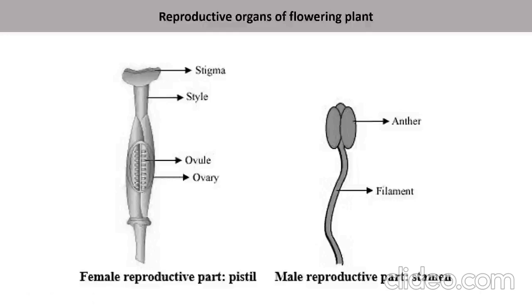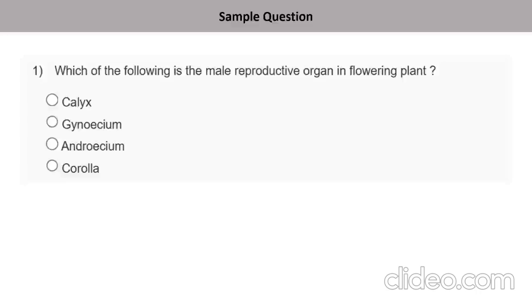Okay, so I'll tell you that the only role of filament is to hold the anther to the plant so that it doesn't fall off due to any mechanical activity or due to any air activity. That is the role of filament. So, winding up with this, the answer to our previous question was that the male reproductive organ in the flowering plant is called androecium.